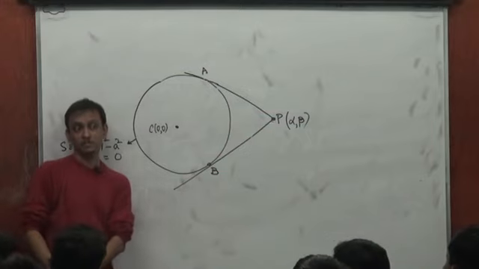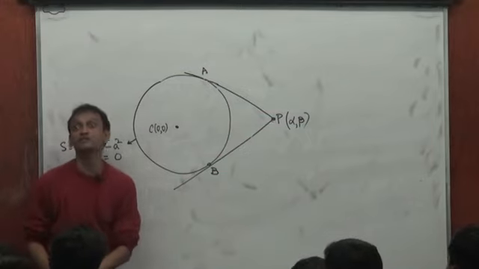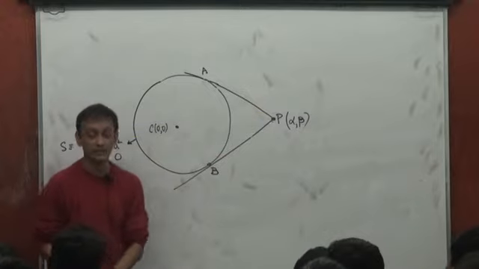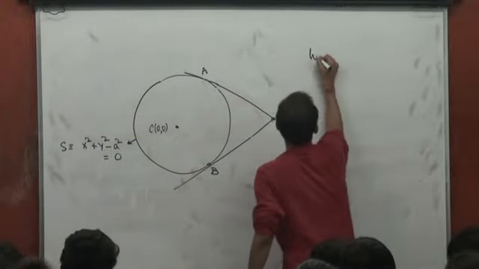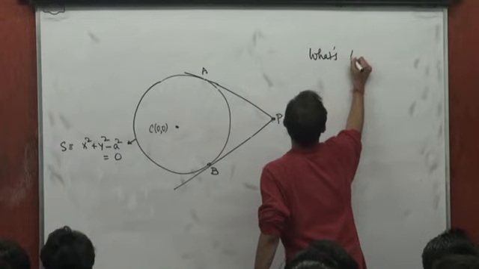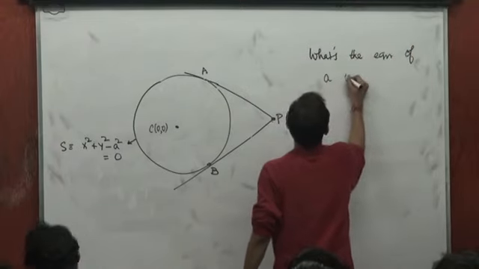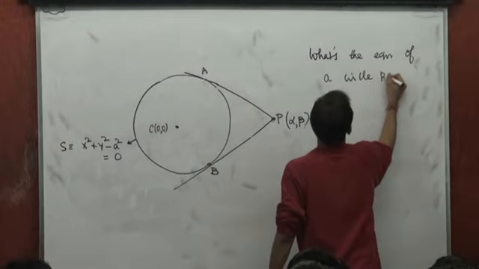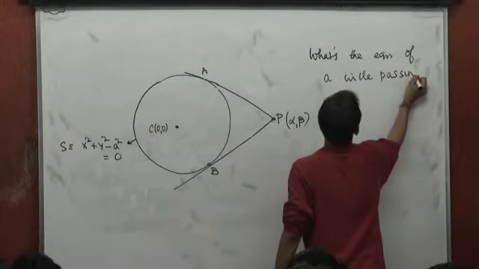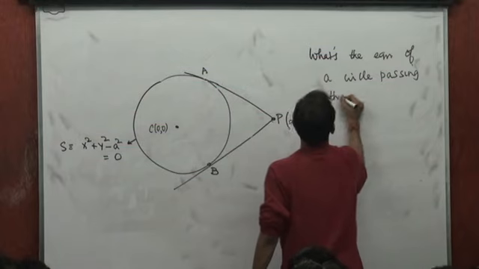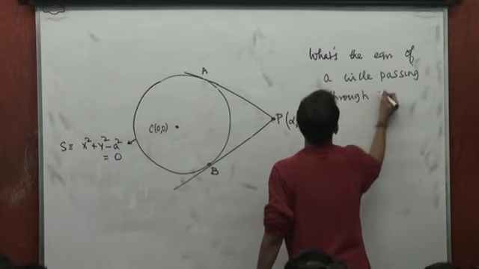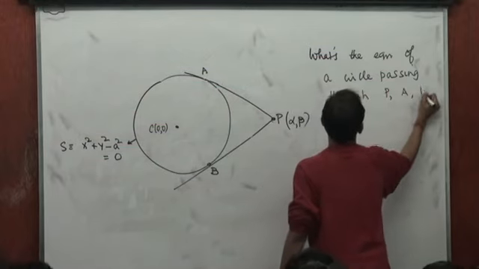Now my contention is, what's the equation of the circle passing through P, A and B?